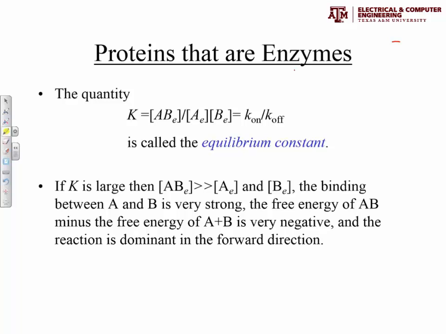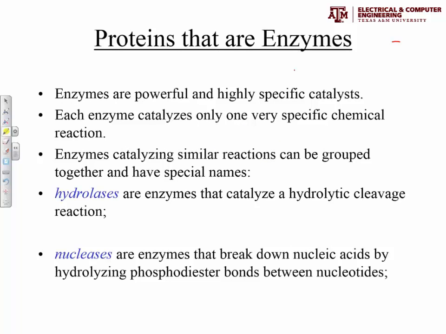Now if K is large, then the equilibrium concentration of the product AB is much higher than the concentration of the individual reactants, which means that the reaction will move very strongly in the forward direction. So the binding between A and B is very strong. The free energy of AB minus the free energy of A plus B is very negative, and the reaction is dominant in the forward direction. Makes sense, and is in accordance with the second law of thermodynamics.